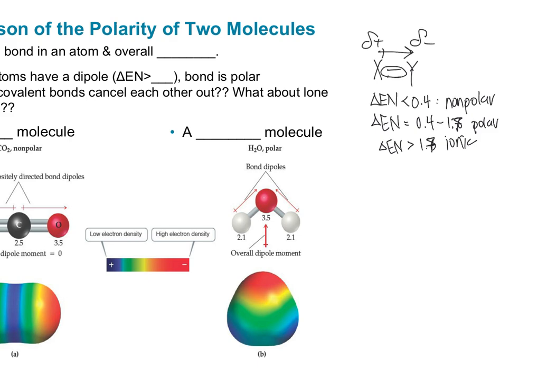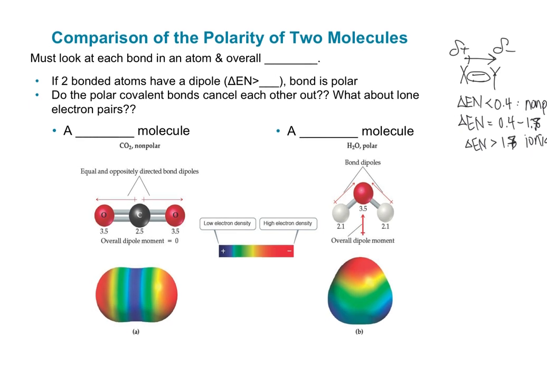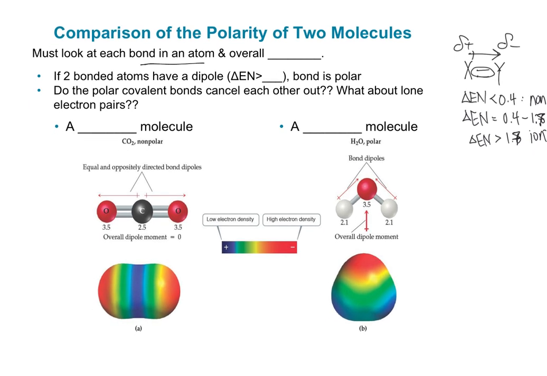Now when we talk about molecule polarity, what we need to do is look at the bond between the atoms as well as the overall shape of the molecule. If we have two bonded atoms that have a dipole, so they have an electronegativity difference greater than 0.4, then our bond is polar, which we just reviewed.